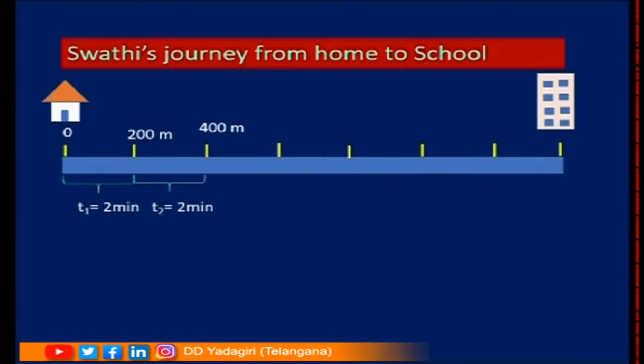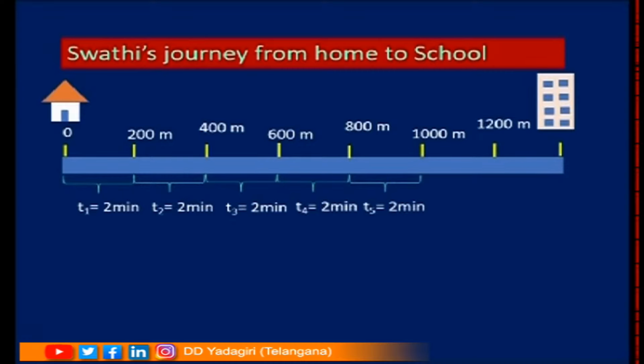Totally she covered 400 meters in these 4 minutes. Like this, she travelled throughout the distance covering equal distance in equal time intervals. That means every 2 minutes she travelled 200 meters only. So finally she reached the school.